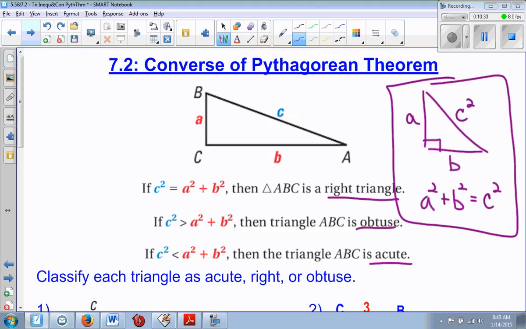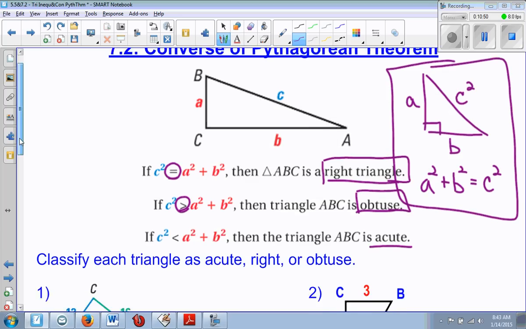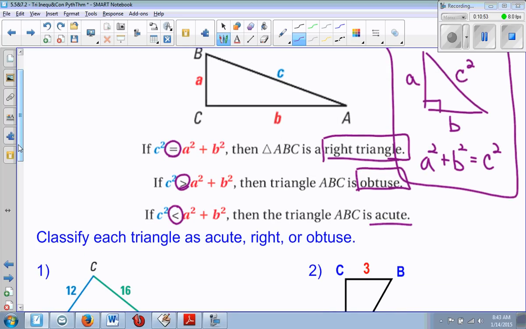If c squared is equal to a squared plus b squared, that means we have a right triangle. If c squared is larger than a squared plus b squared, then we have an obtuse triangle. If c squared is smaller than a squared plus b squared, then we have an acute triangle. So it's all about how the numbers work out.